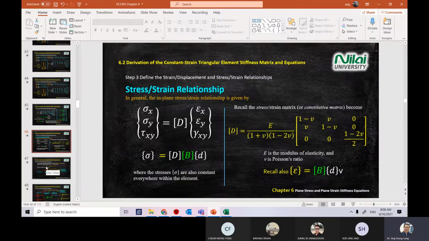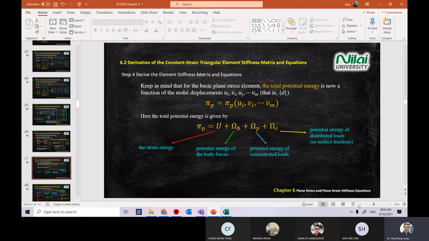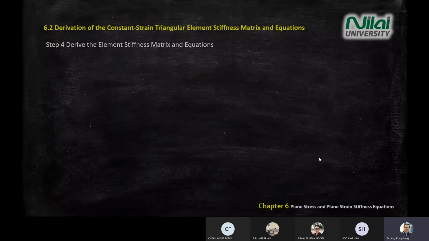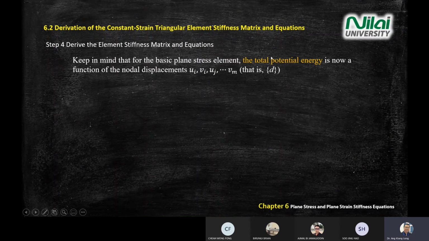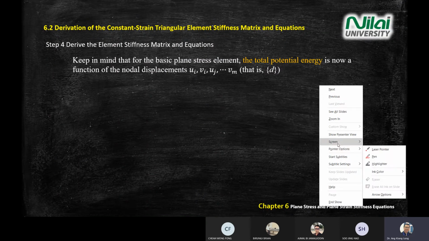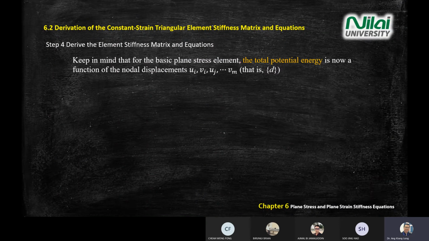We will pick up from these slides today. Now, in chapter 6, when you derive the element stiffness matrix equation, we are looking at potential energy. For today, always keep in mind that we will talk about potential energy.